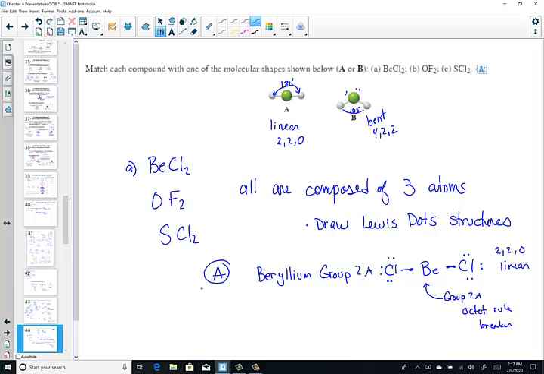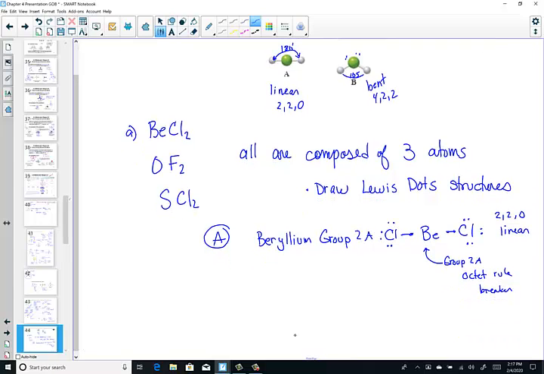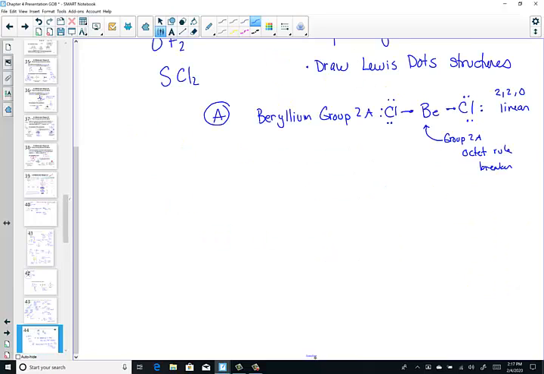But when we look at OF2, which would be called oxygen difluoride, this is letter B, oxygen difluoride. You see oxygen with its 6 valence electrons. Oxygen lives in group 6A, so it's starting with 6 electrons, and when I attach it to the fluorines, and knowing fluorine has 7 of its own, we end up with a VSEPR count of 4, 2, 2.